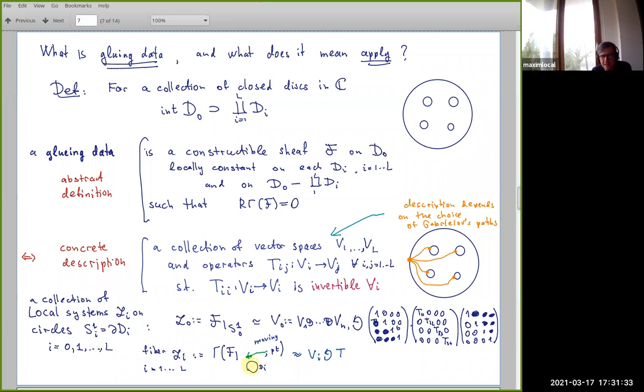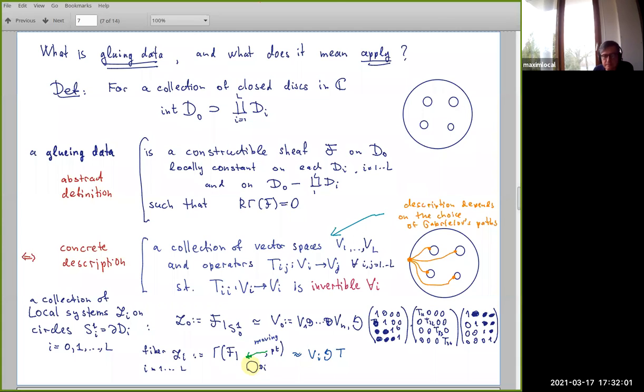Then I consider sections of my sheaf restricted to a little neighborhood of my small disk relative to this running point, and take global sections. It will be a space which depends on the point and runs through a circle, giving a local system on the circle. In concrete description it's very simple: just my space Vi with operator Tii.